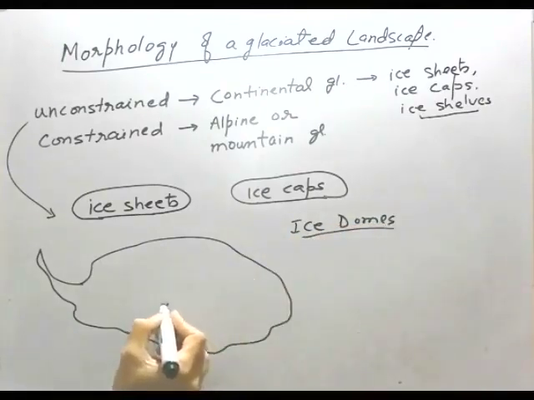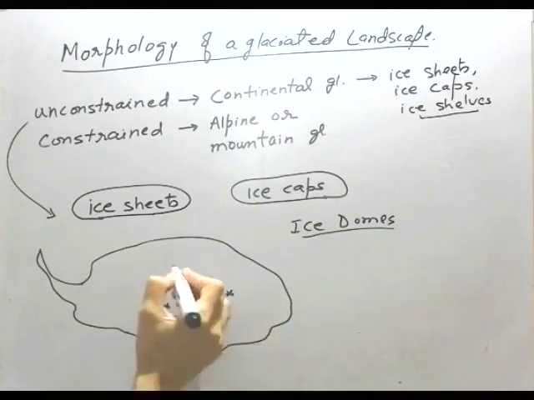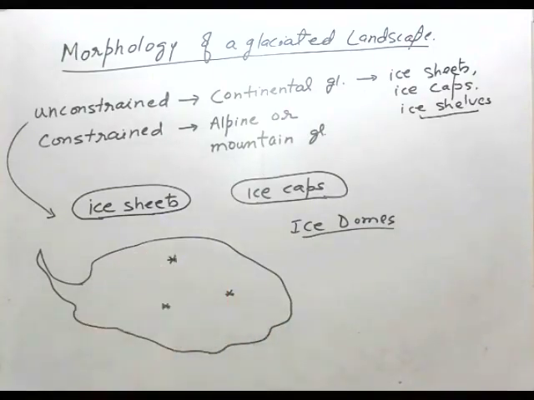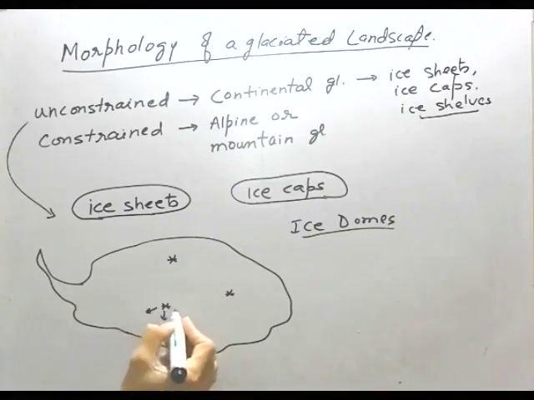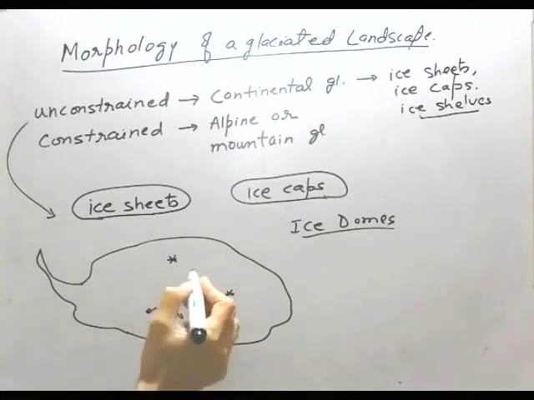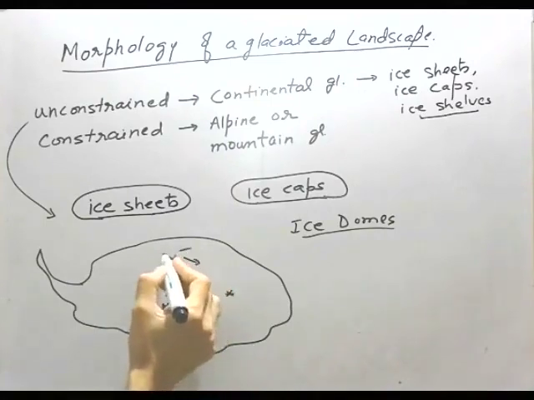So there may be one dome over here, another dome, let us say, over here, another dome over here, and the ice is moving out in all directions from these domes.